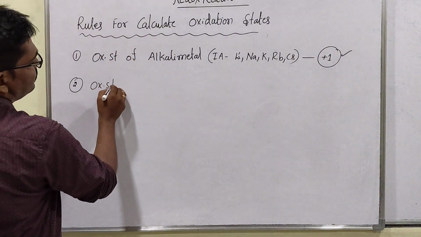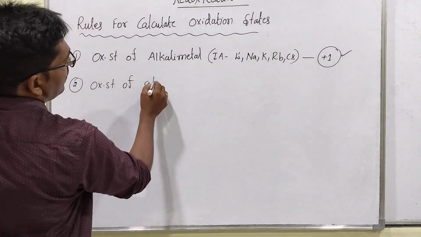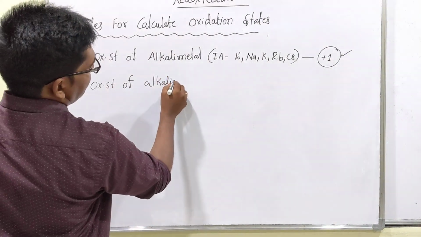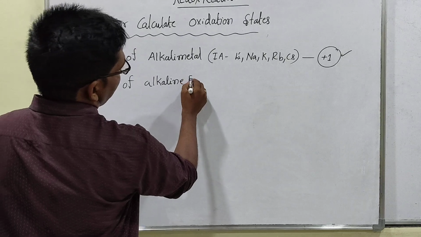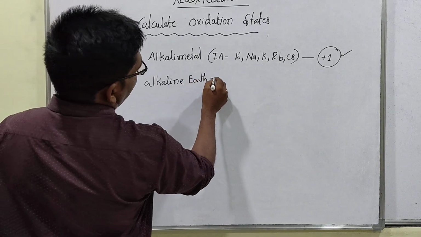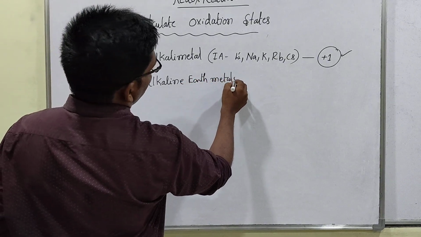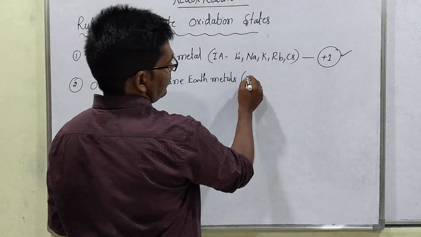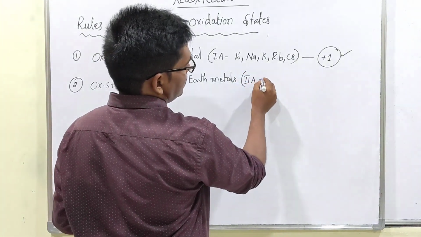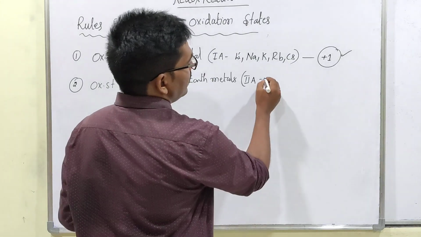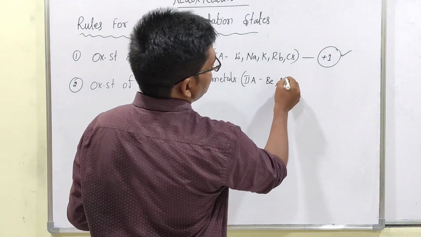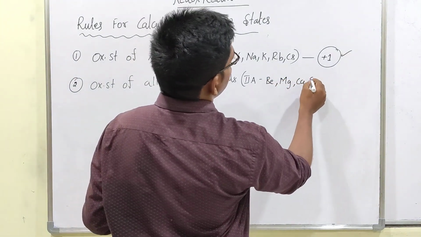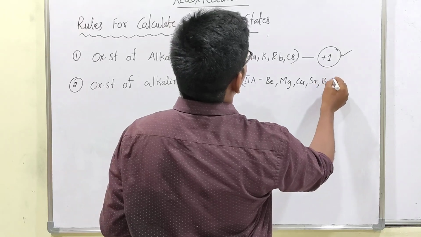Then the oxidation state of alkaline earth metals. What are those alkaline earth metals? Those are the second A group elements. What will be there? Beryllium, magnesium, calcium, strontium, then barium, all these.